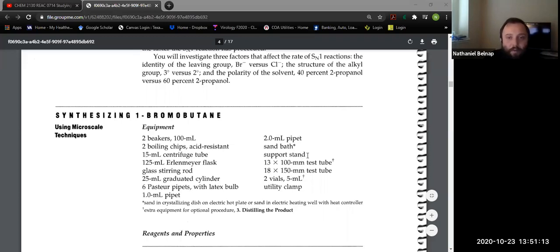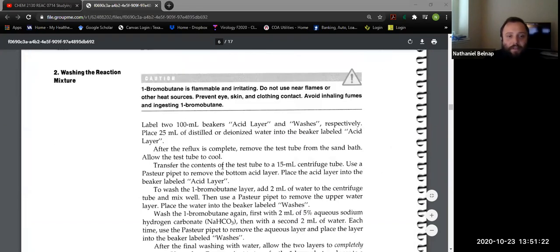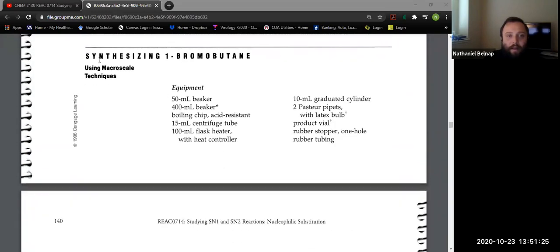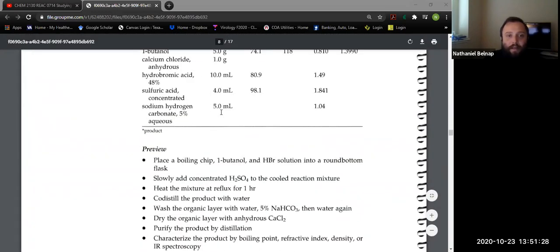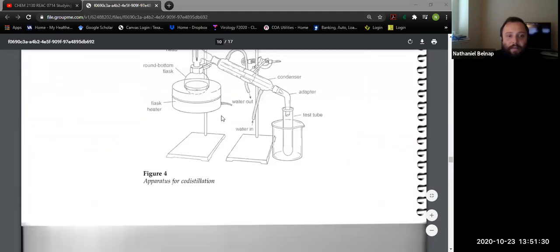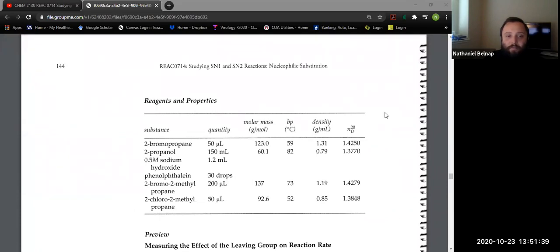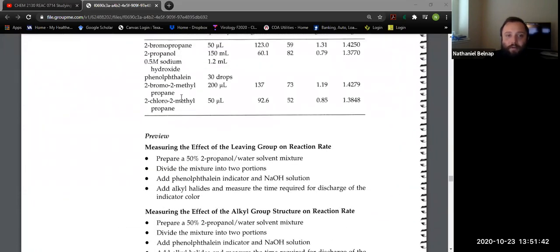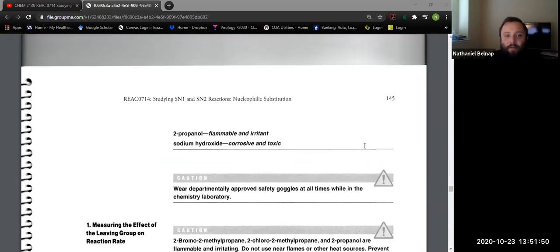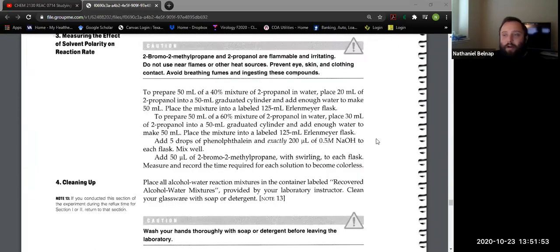What we did today was synthesizing 1-bromobutane using the microscale techniques, and then it gives the procedure, and then it has macroscale techniques. And then it has factors affecting Sn1 reactions, which we didn't do. We didn't use 2-bromo-2-methylpropane, or any of those things. So just write down what you'd expect to see. And that's pretty much it.